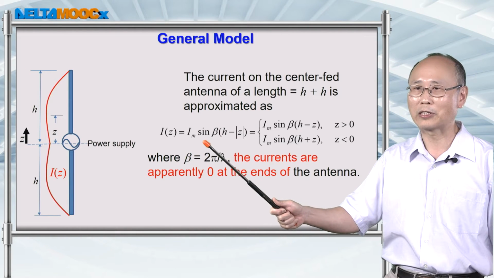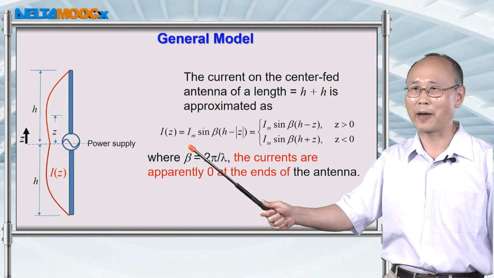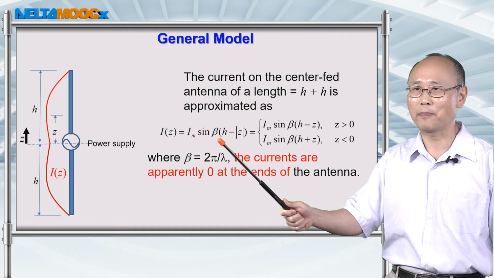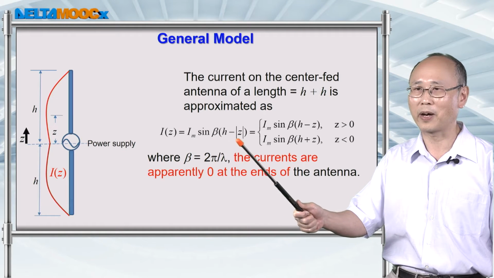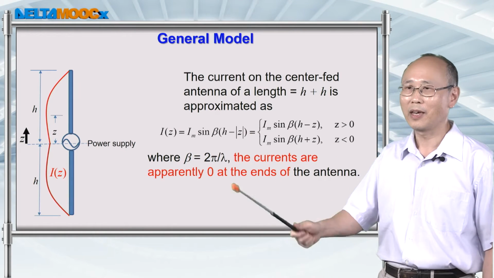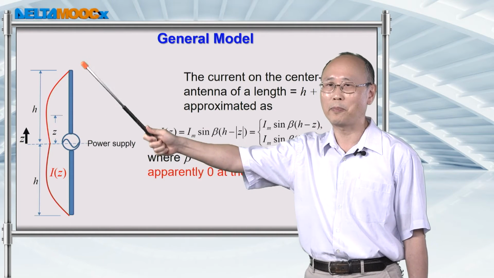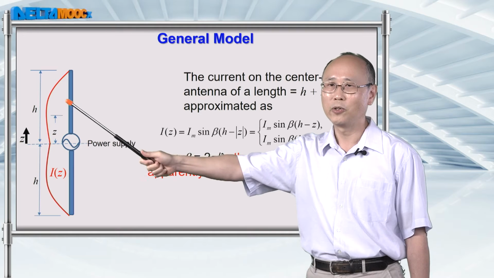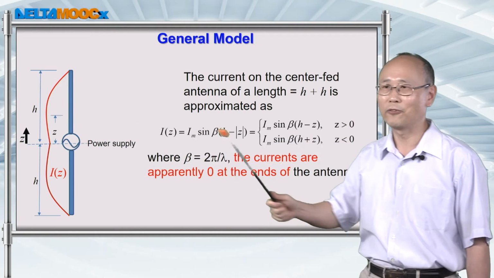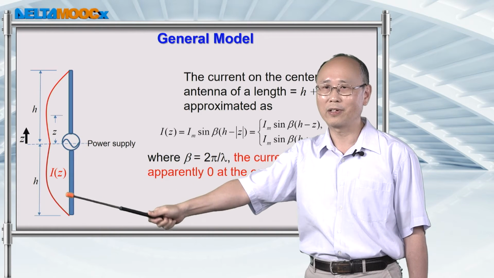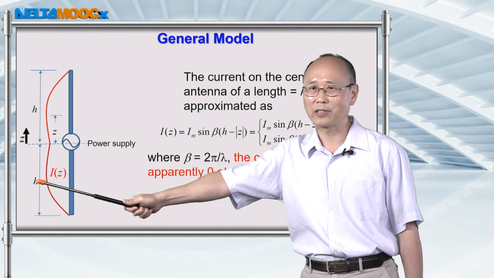So in this current formula, we have an amplitude Im, and then we write sine, beta, and h minus z. And for z larger than 0, we have the upper part of the antenna, which has a length of h. And for z less than 0, you have the downward part of the antenna with the length of h as well.